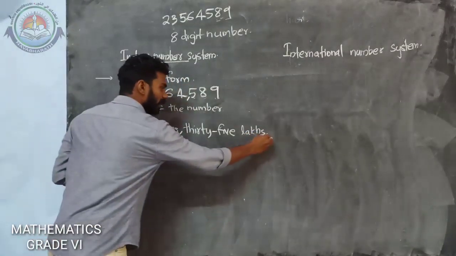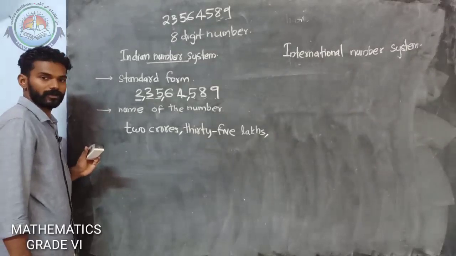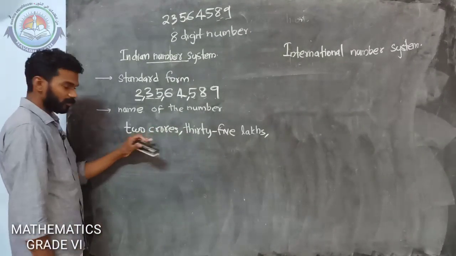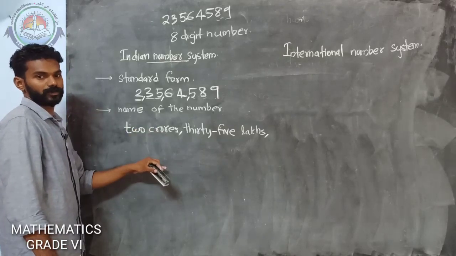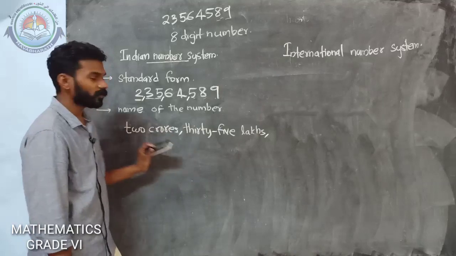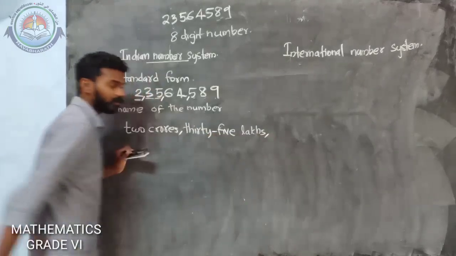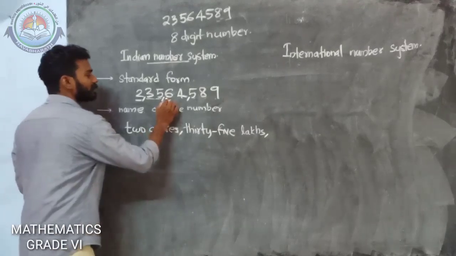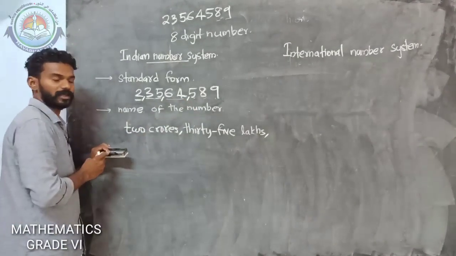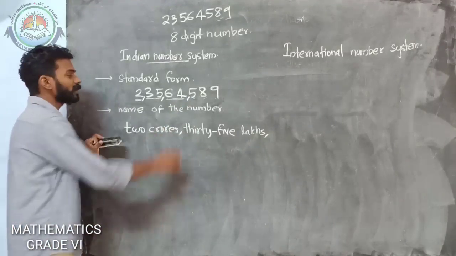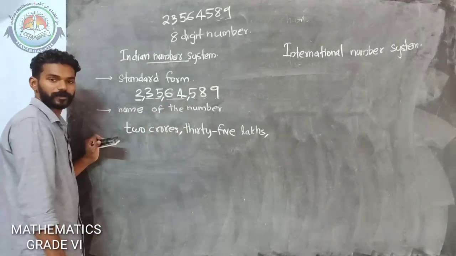Again you should put a comma, and I am writing the name below. Okay, so after lakhs, now you should consider this period, and this is the period of thousands. How many thousands are there?